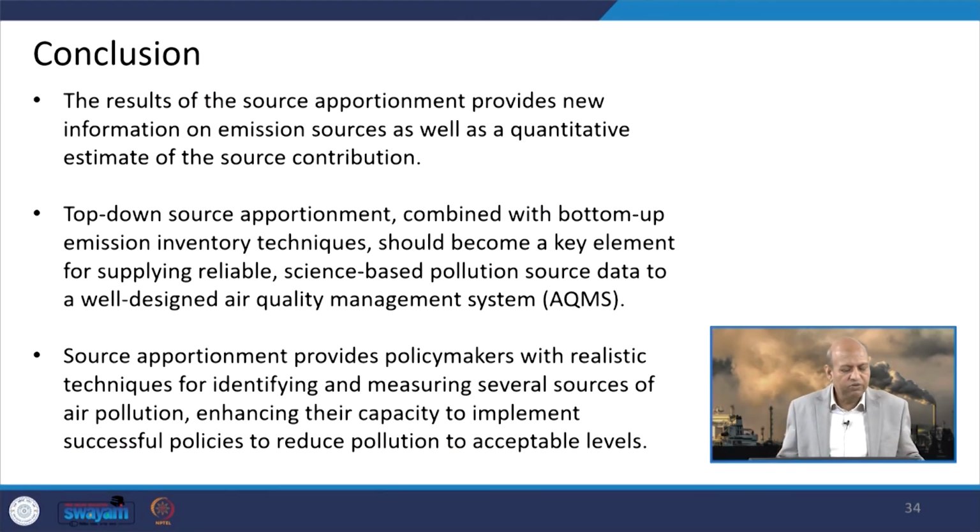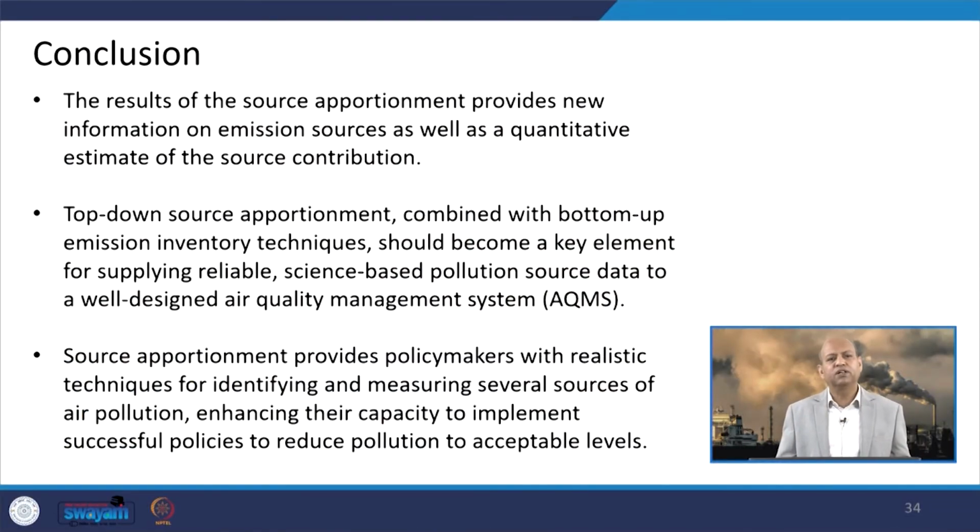Well, in conclusion we can say that the results of source apportionment provide new information in terms of emission sources, as well as the quantities of different estimations of source specific pollutants. Okay. Then top down source apportionment combined with bottom up, when we integrate approaches like emission inventory techniques as well as PMF technique, etc., gives us much better results for air quality management systems.